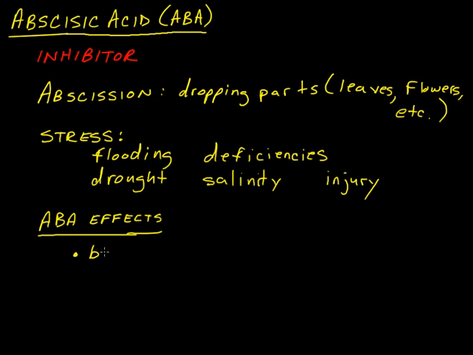It is often involved in maintaining bud and seed dormancy, which, although not necessarily a result of a stress, is a means of seed survival in that dormancy helps a seed avoid germinating at the wrong time of the year. For example, a season that is too dry or too cold for the seedlings to survive. It's obviously involved in or triggers abscission, as we said above, or dropping of plant parts.